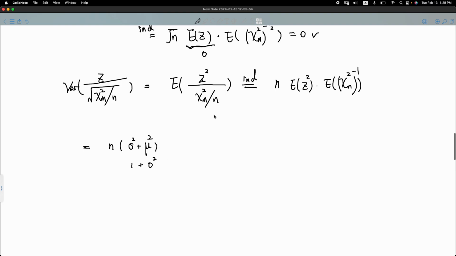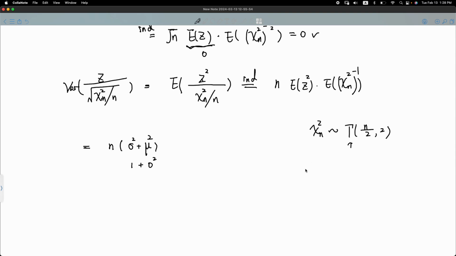The key thing is that we need to find the expectation of a chi-square distribution raised to the power of -1. Chi-square is a special case of a gamma, following a gamma distribution with alpha n over 2 and beta 2.